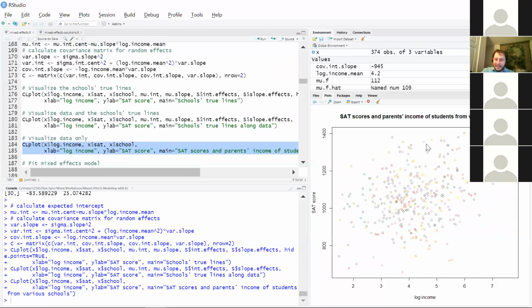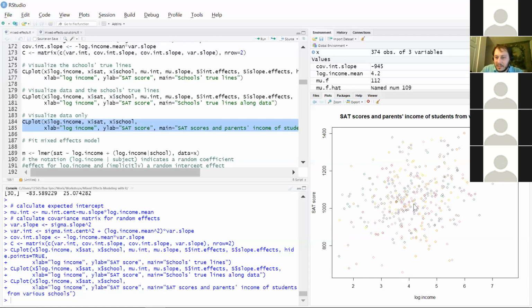It looks like a sort of spherical shape, but there's a little bit of a slope to it, and it's really hard to make much of the colors. You wouldn't really think you could tell whether different schools have different relationships just by looking at the scatter plot. For one thing, there are so many schools that it's a little overwhelming.